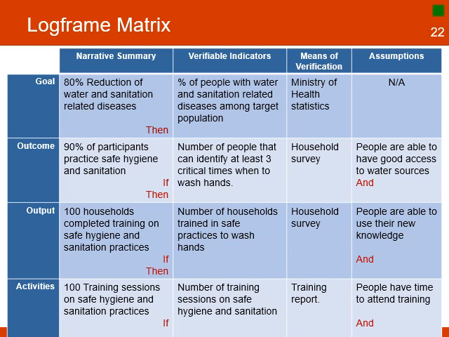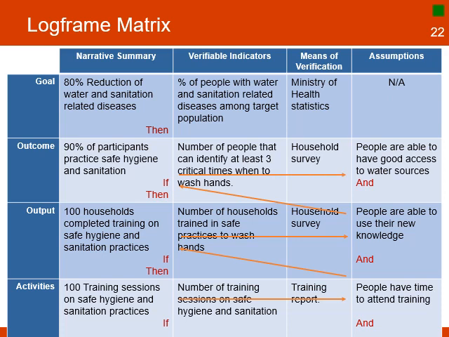If the project completes the training on safe hygiene and sanitation practices and people have time to attend the training, then 100 households completed training on safe hygiene and sanitation practices. If 100 households are trained on safe hygiene and sanitation practices and people are able to use their new knowledge, then 90% of participants will practice safe hygiene and sanitation.